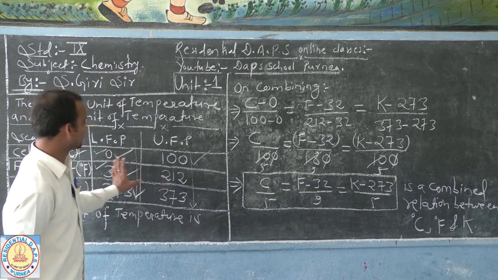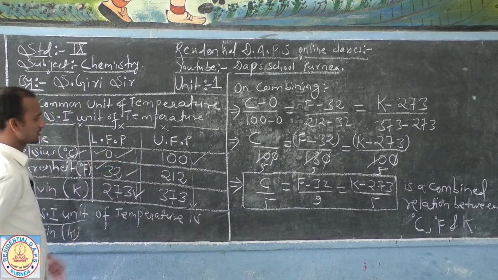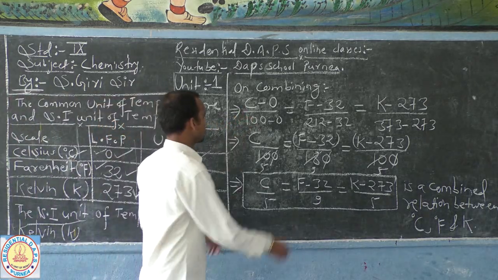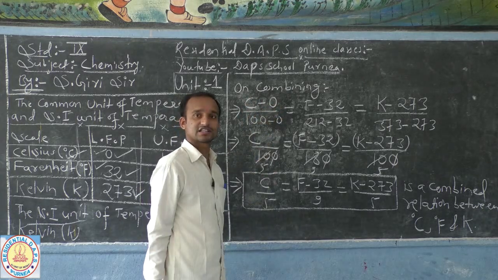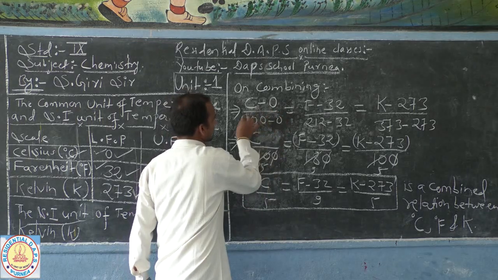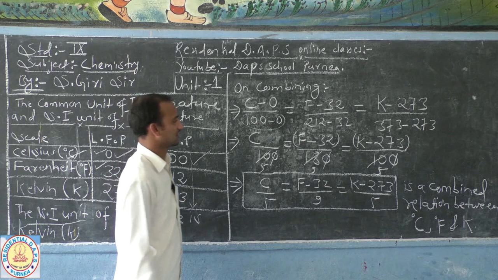So on combining these relations, dear friends, this tabular information, we will get this result. Celsius scale minus the lower fixed point in the Celsius scale, C minus 0, over the difference between the upper fixed point and lower fixed point.